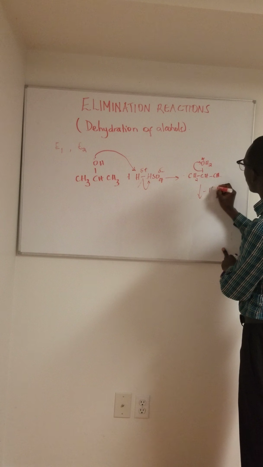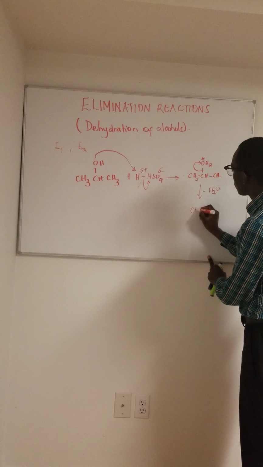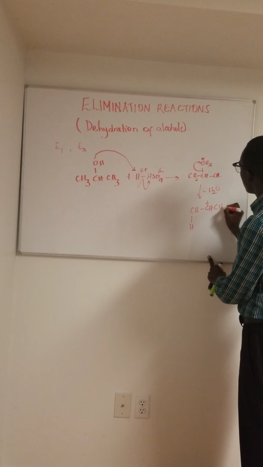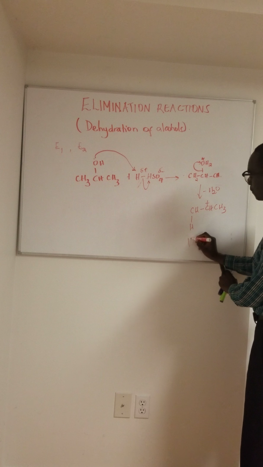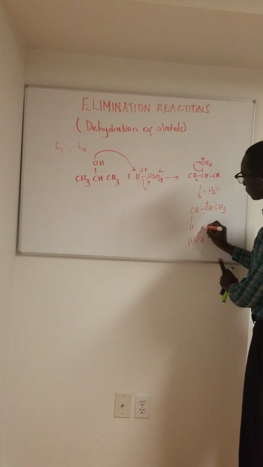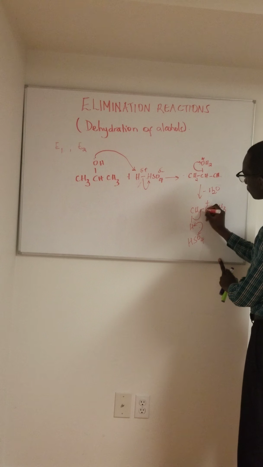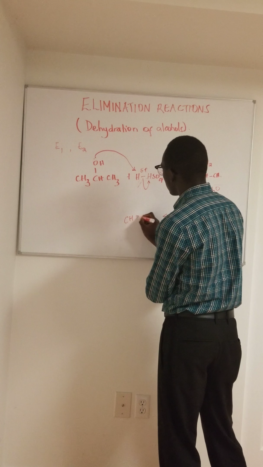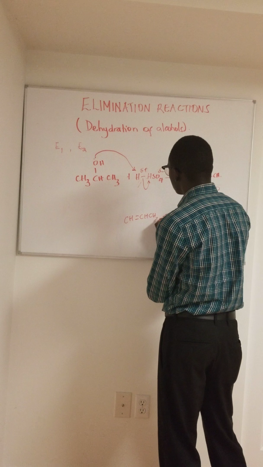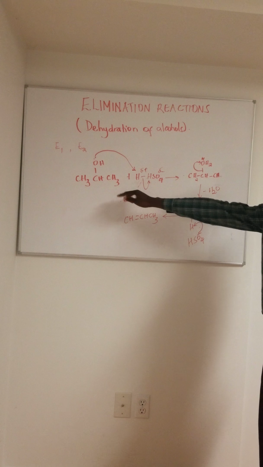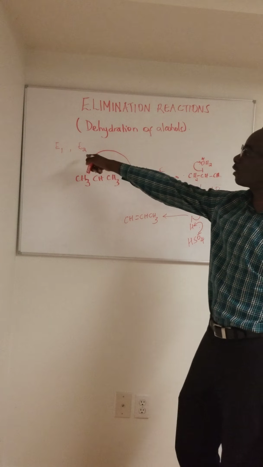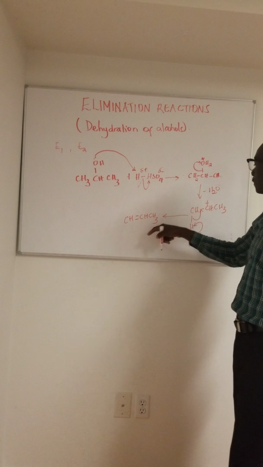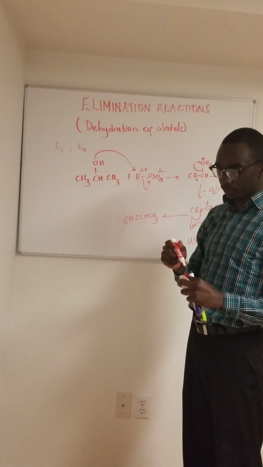When the water molecule is lost, we form the carbocation on this carbon. When the hydrogen sulfate comes in, it attacks this hydrogen, this bond shifts here, and then we form the final product. So this is how secondary alcohols can react. They can undergo E2 or E1 because they can form a more stable carbocation than primary alcohols.